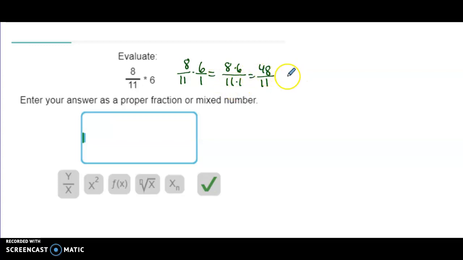Also an improper fraction, which is not an acceptable answer right now. So 48 divided by 11, 4 times 11 is 44, leaving 4/11, and the fractional portion of my mixed number is also proper, so my answer is 4 and 4/11.